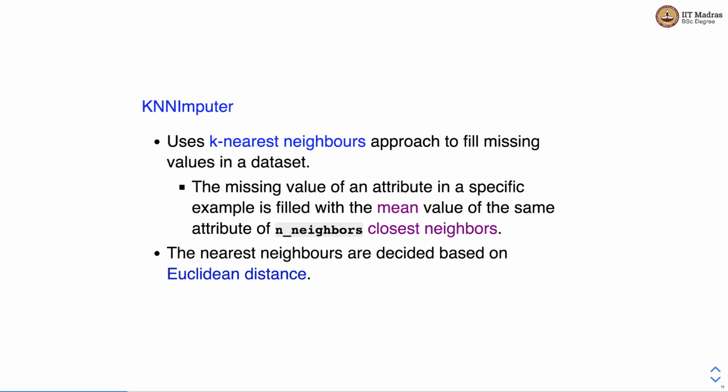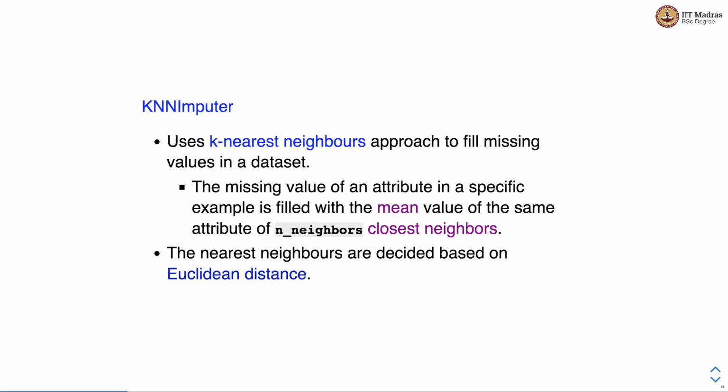KNNImputer is another class that handles and fills up the missing values. It uses the k-nearest neighbor approach. Here, a missing value is there for a specific example.